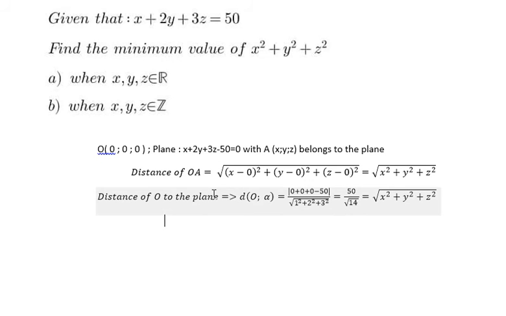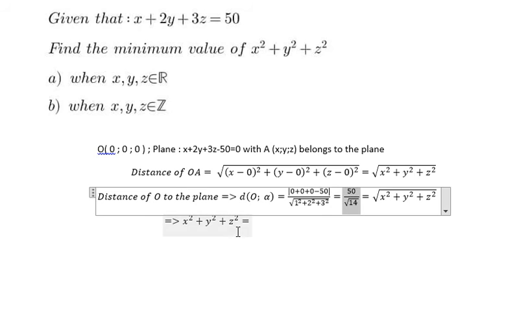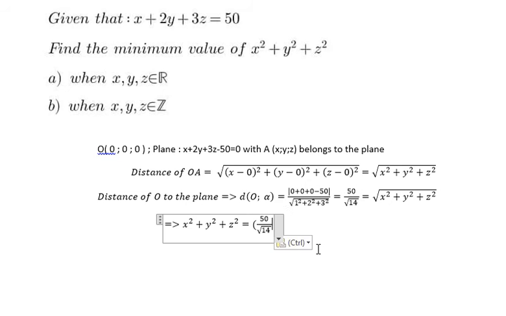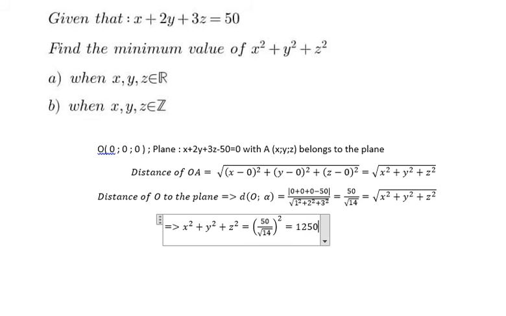Because the distance from point A to the plane alpha is the minimum value of this one, we just square both sides. And we will get the minimum value, and this is 1250 over 7.